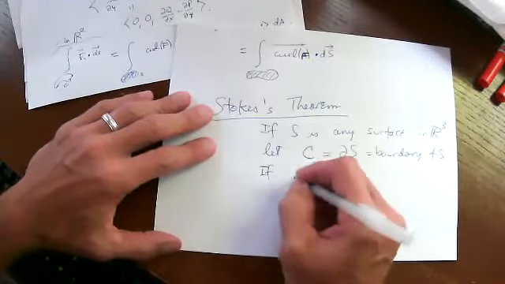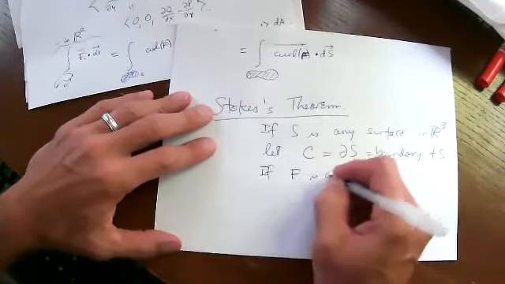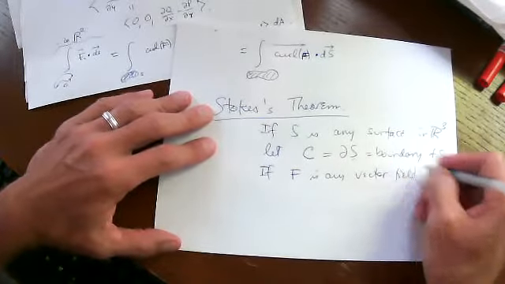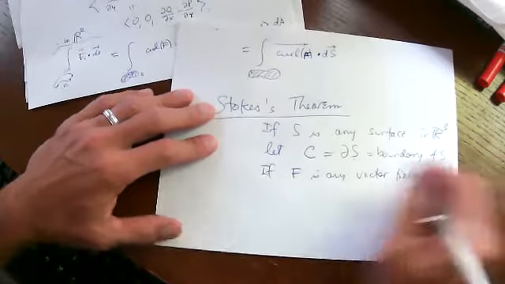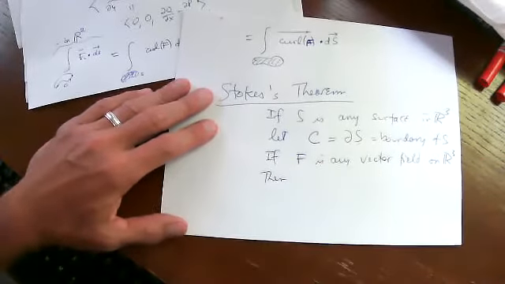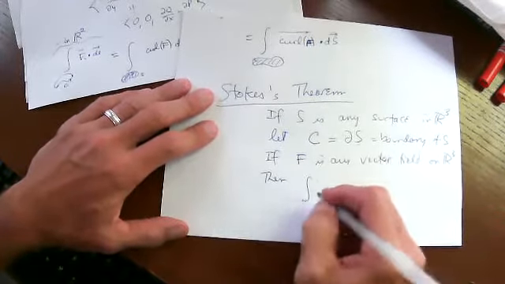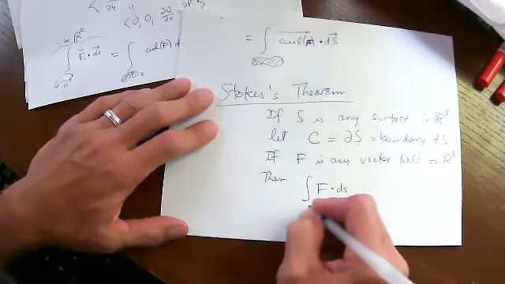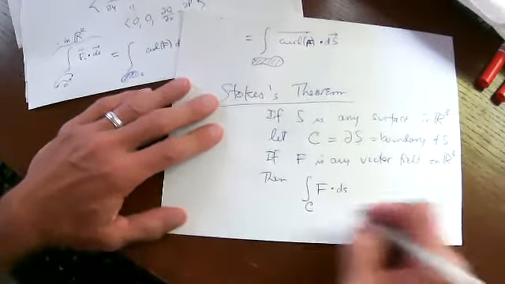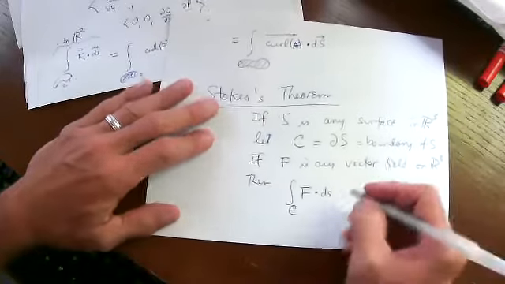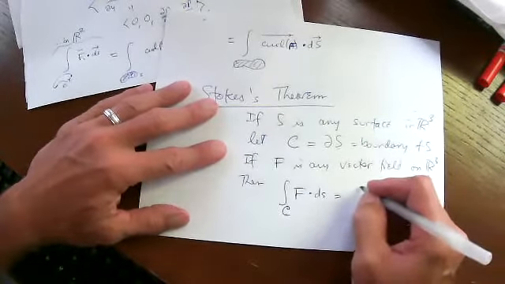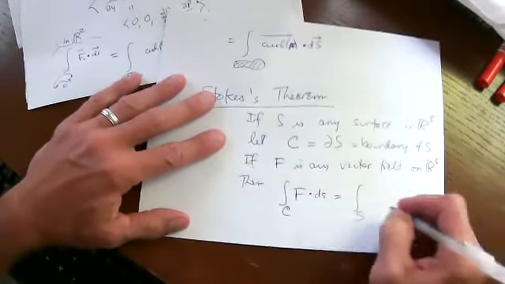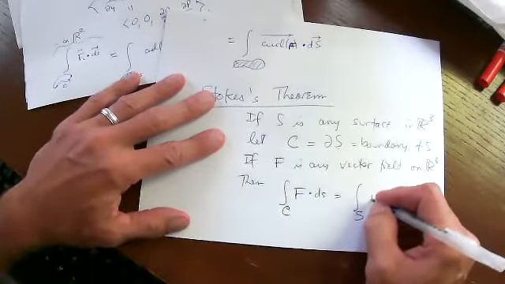If F is any vector field on R3, then when you integrate that vector field, you calculate a line integral of F on this curve C, on the boundary of the set S, you will get the same answer as if you had computed a surface integral over the surface S of, well, I'll just write it this way.